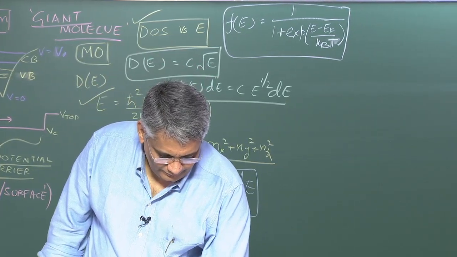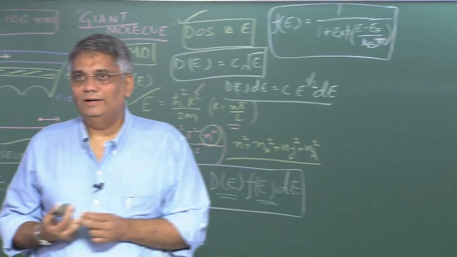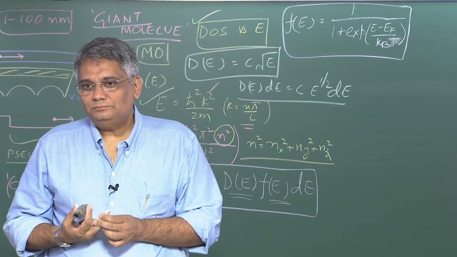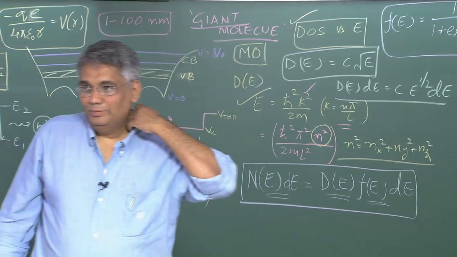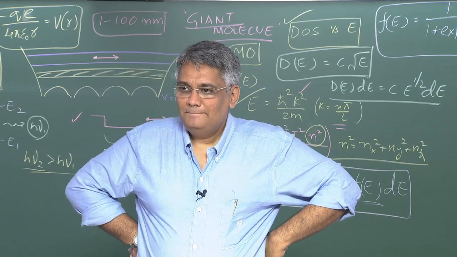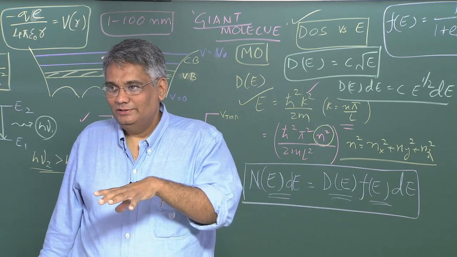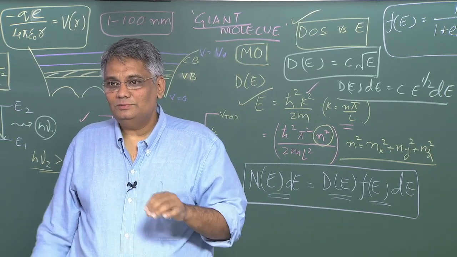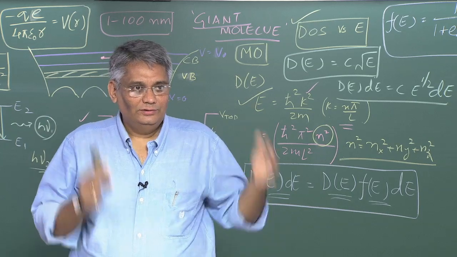So, here if n is the number of electrons per unit volume, what is the condition required to evaluate n? Small n is the number of electrons per unit volume. Capital N is the number of electronic states. Now, I have dE, I have the distribution function.